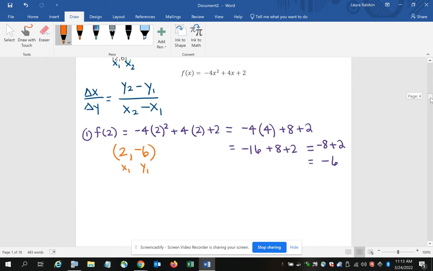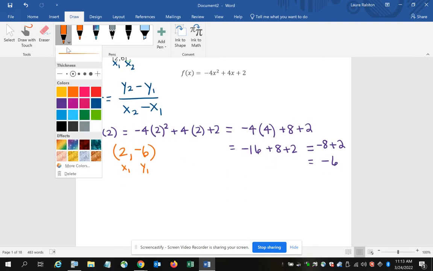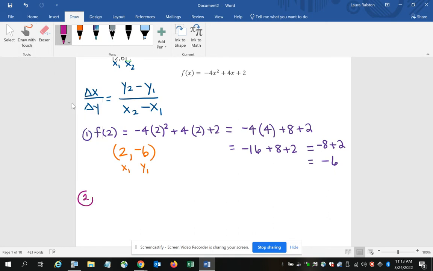Step 2 is I need to find f at 6. So I'm going to plug 6 into the given function. So I have -4 times 6 squared plus 4 times 6 plus 2.